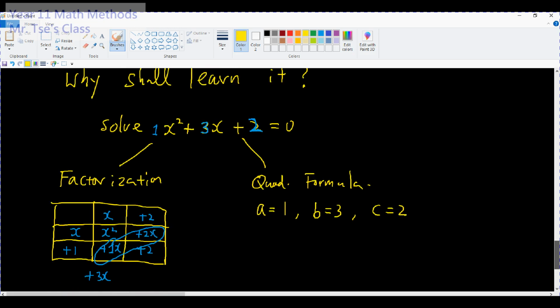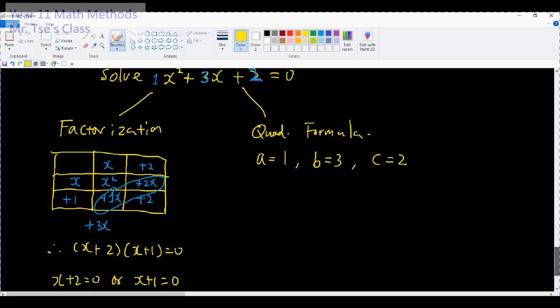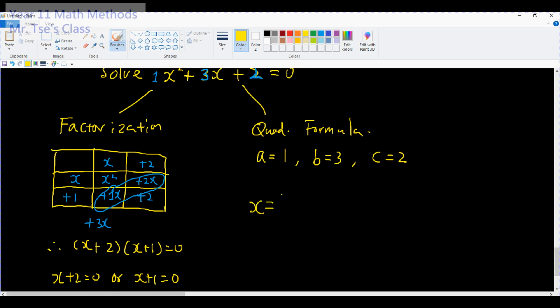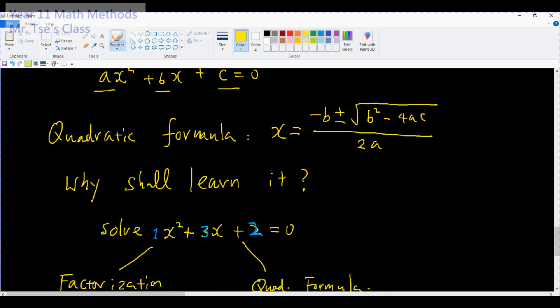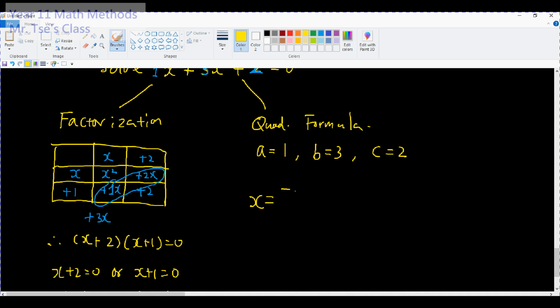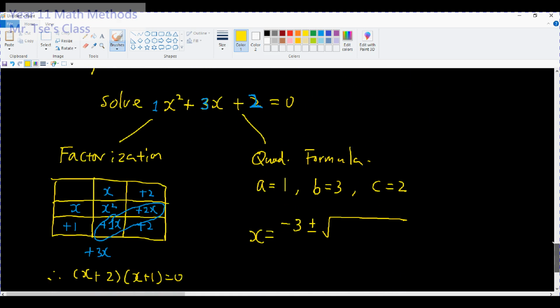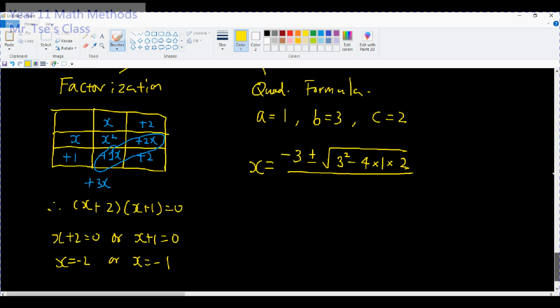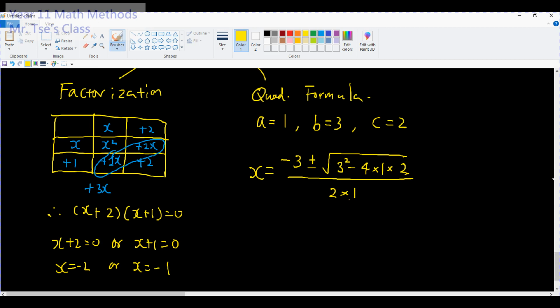After you've got a, b, and c, you can just use the formula. Let me copy the formula here: minus b plus or minus the square root of b squared minus 4ac. So b is minus 3 plus or minus, and inside the square root we have b squared minus 4ac, so 3 squared minus 4 times a times c, and divided by 2 times a, so 2 times 1.